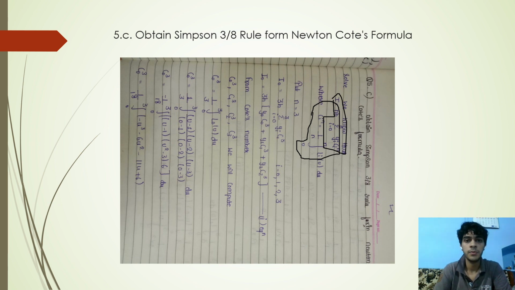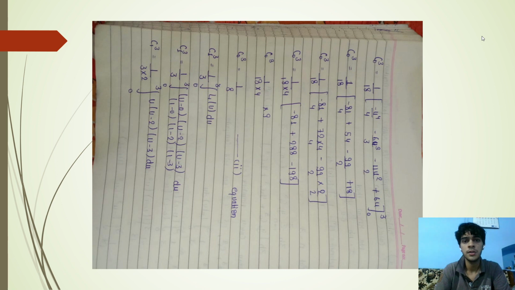So we have to find the value of I0 by this formula. For this formula we have to find the separate values of these variables. So let's find these values from the Cotes numbers C03, C13, C23, C33. Initially we will find the value of C03 by this formula, and after solving this whole equation we will get C03 equals 1/8.